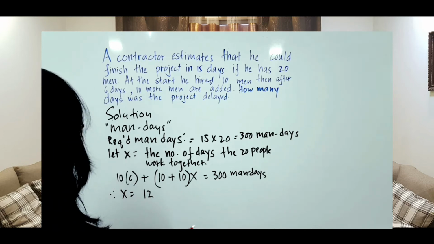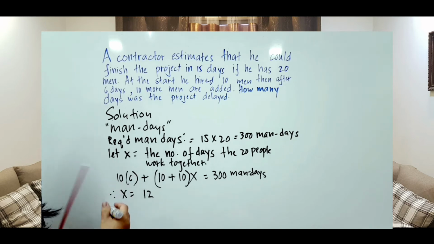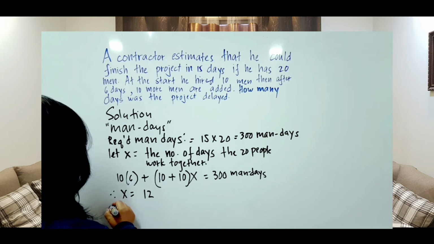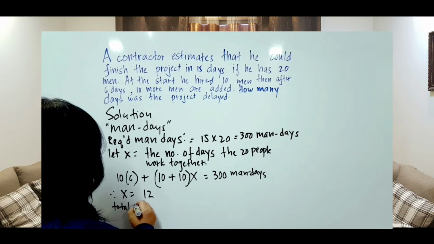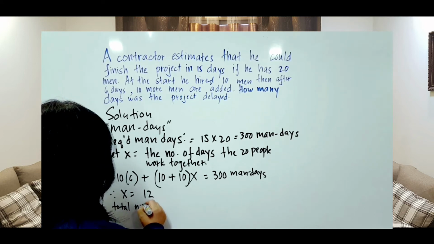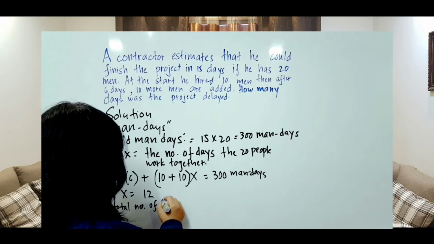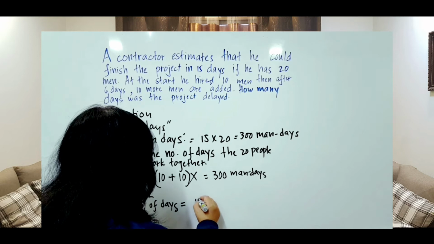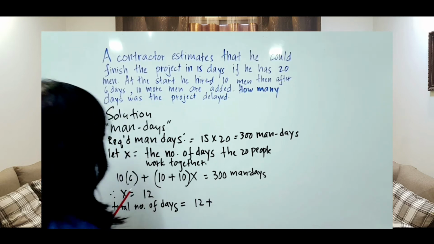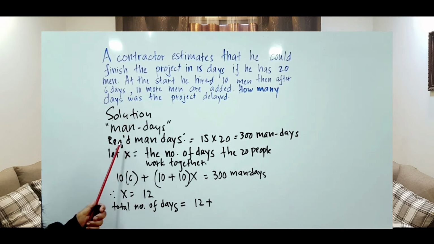Now, the total number of days, therefore, is equal to 12 plus 6.